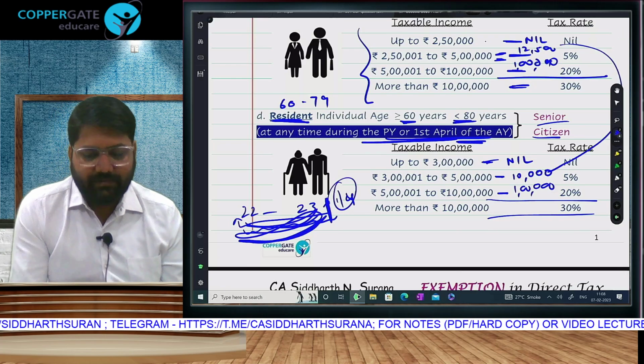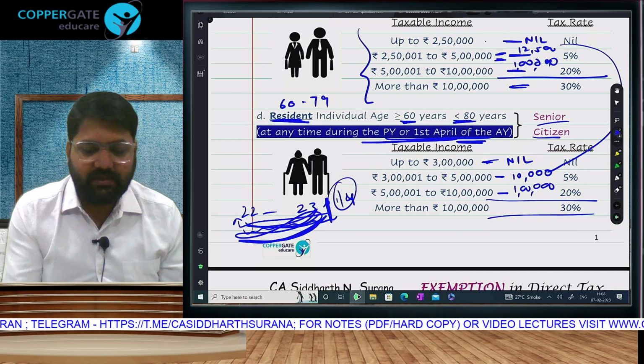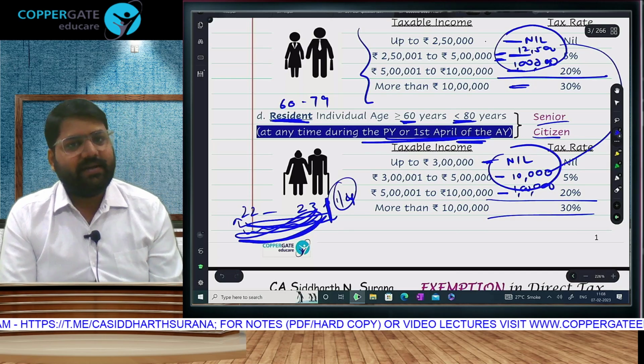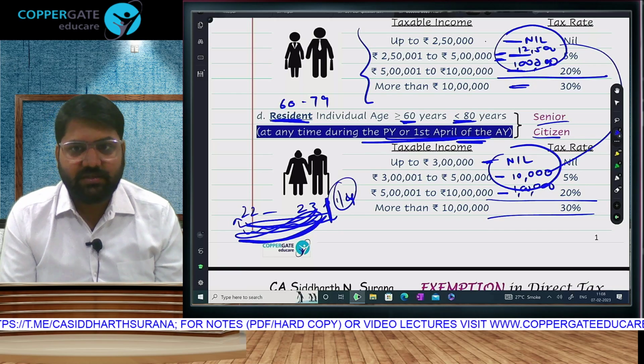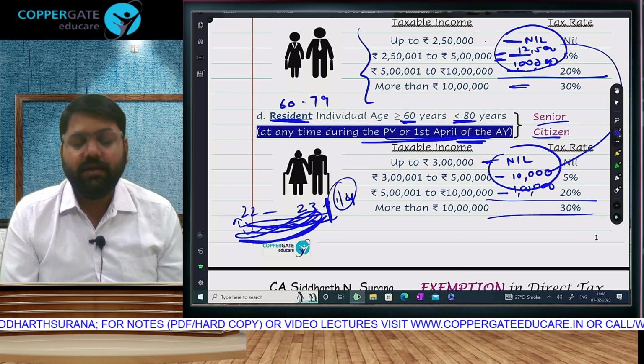In effect, up to income of 10 lakh, the fixed tax here comes to 1,12,500, but here comes to 1,10,000, and after 10 lakh, obviously everyone is going to be having 30% tax only in the old regime.